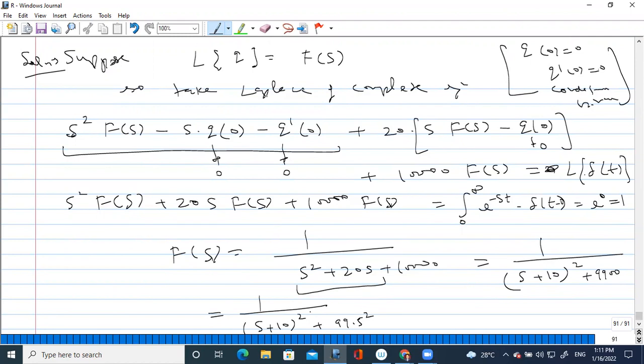Okay. So this has now become a sine form, but if I take 99.5 in the numerator also, it will be s plus 10 whole square plus 99.5 whole square. But I have to divide it by 99.5. So this is a divided by s square plus a square, and this s plus 10 will be countered by e to the power minus 10t. Okay, note down this.